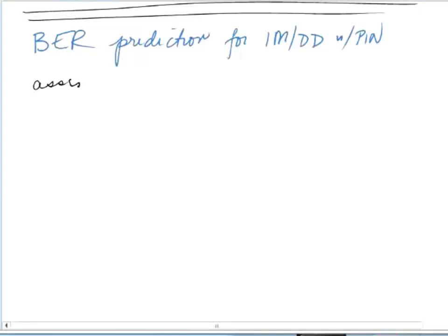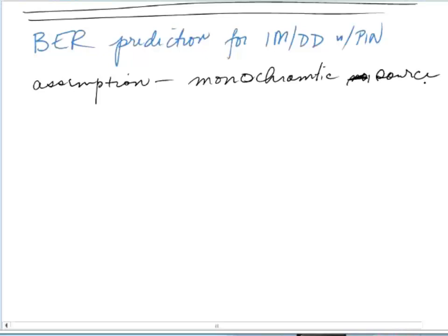There are some simplifying assumptions when we do our derivation of the BER. First of all, we have a perfect monochromatic source. We're not going to worry about relative intensity noise. We're not going to worry about phase noise. So everything is perfect to start with. There's no ASE. So we're just going to look at the simple one.